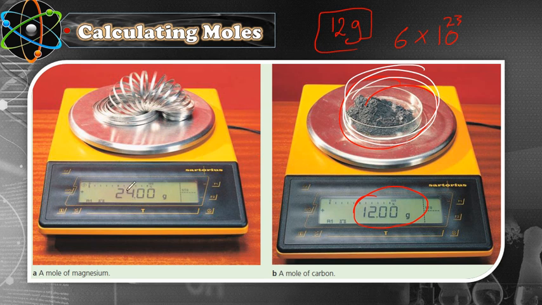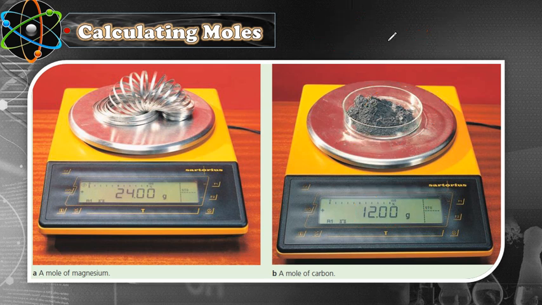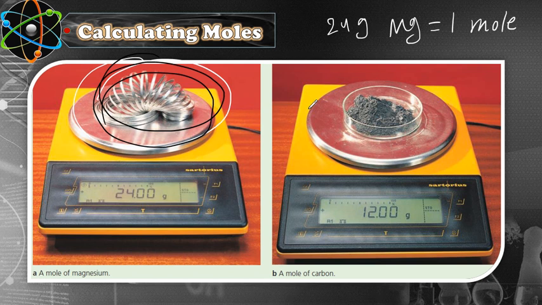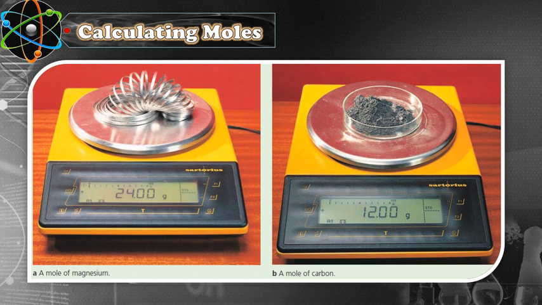And the relative atomic mass of magnesium is 24. So in 24 grams of magnesium you have 1 mole of the substance. It means here in this dish you have 1 mole, which means you have 6.02 times 10 to the power of 23 atoms of this element.